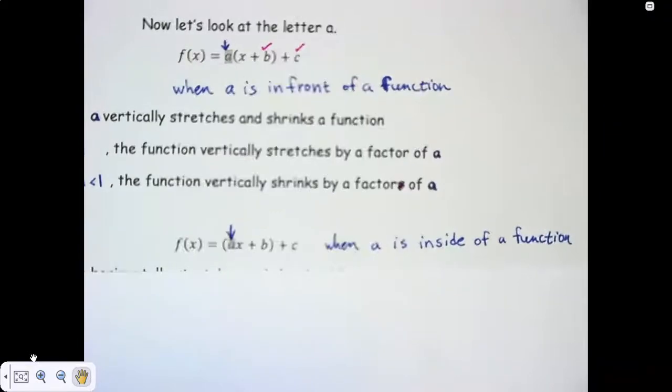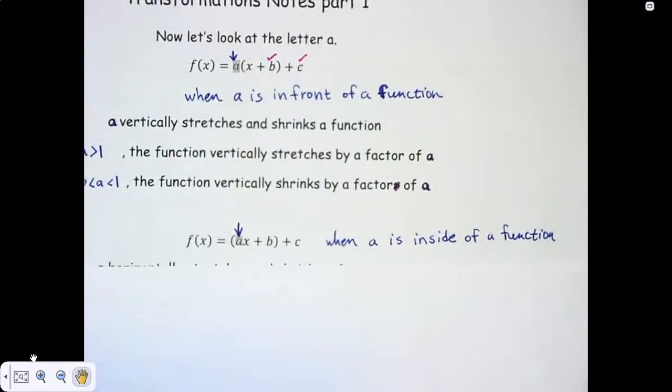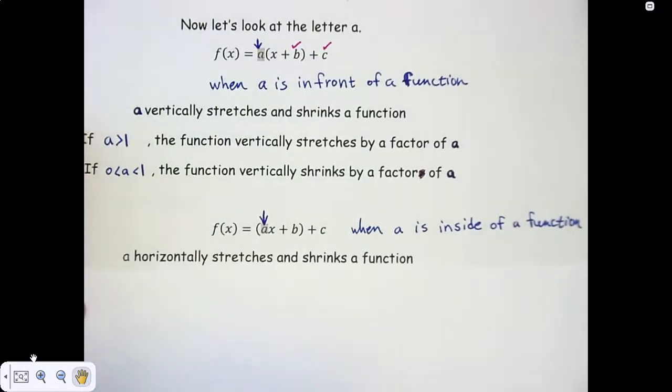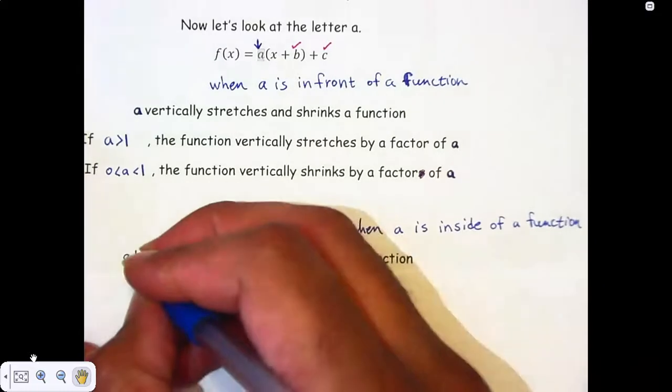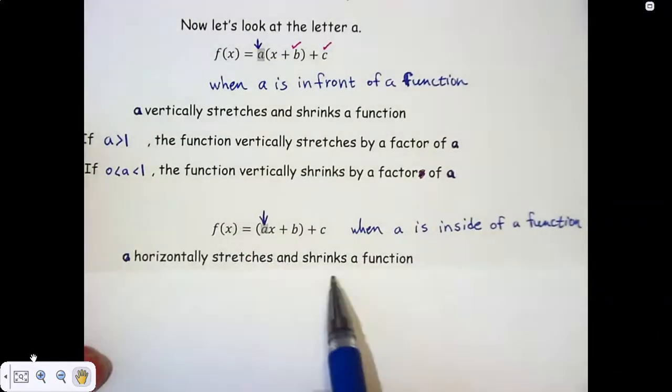Blurry. Fix it. All right, so when A is on the inside of a function, it's going to be a horizontal stretch or shrink of a function. So this is with A again.